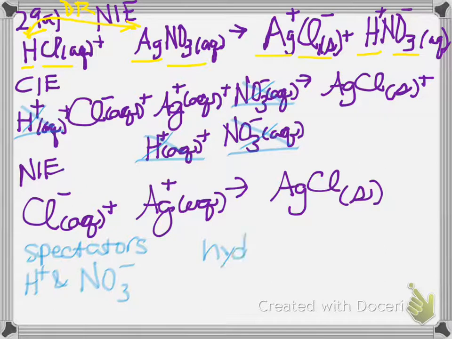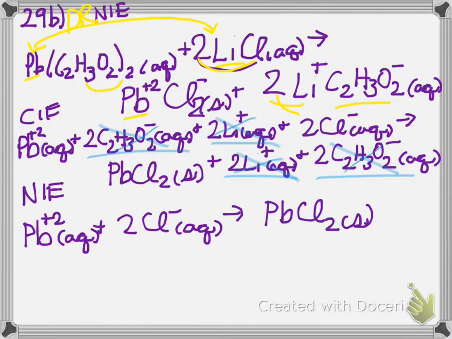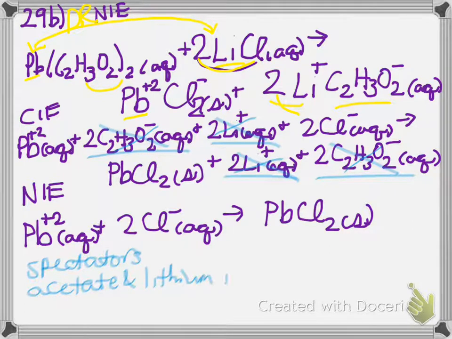So it would be hydrogen ion and nitrate. For letter B, our spectators again are acetate and lithium ion, or I can write their symbols.